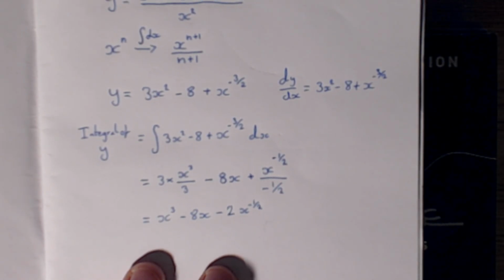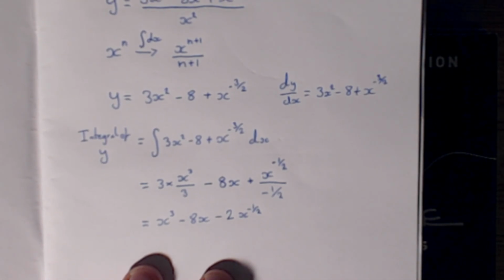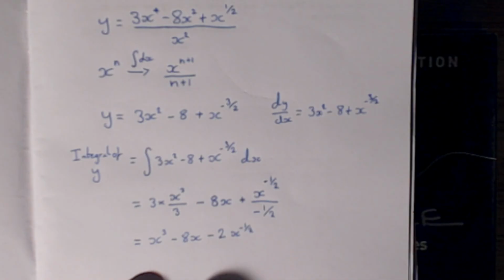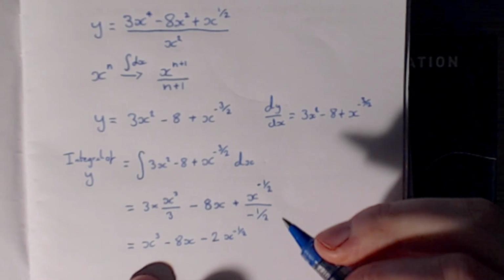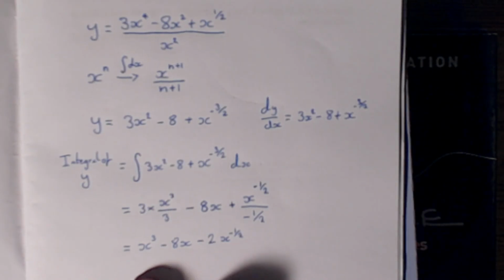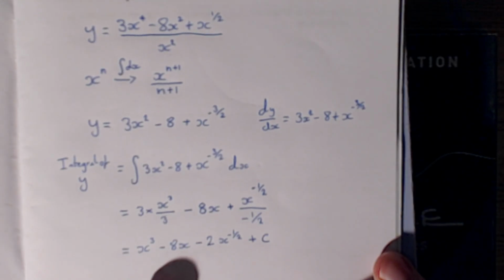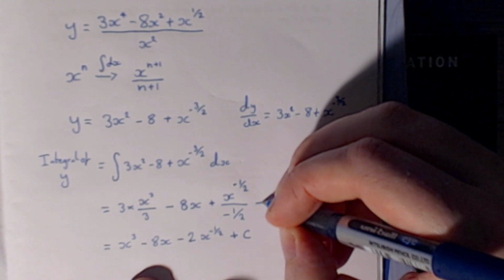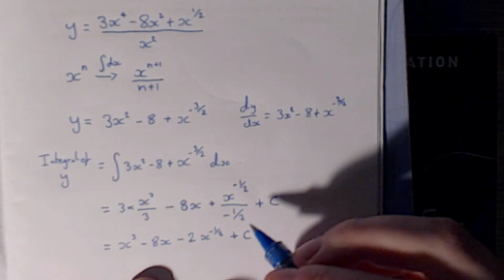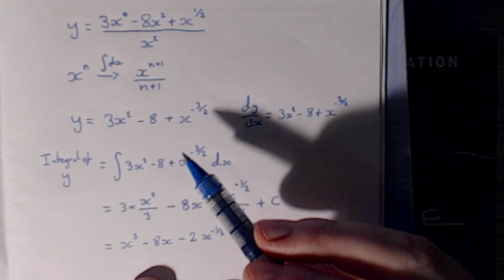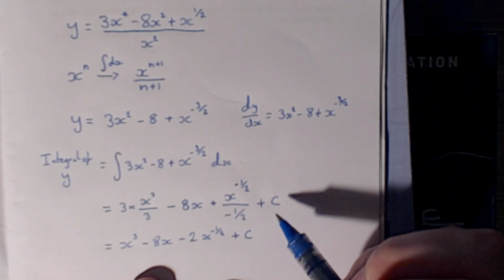And we're nearly done. And hopefully you've all been screaming at your screens that we've forgotten something. And that is that we need to add a constant of integration at the end, so this plus c. We should do this to each of our lines there. Once we've completed this integration, we should add the c.